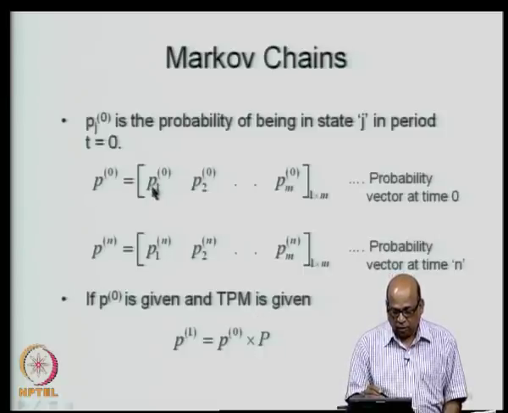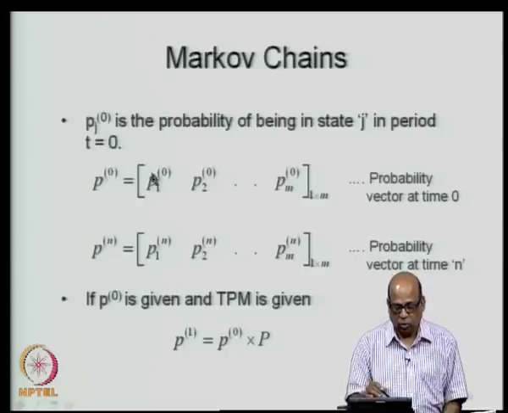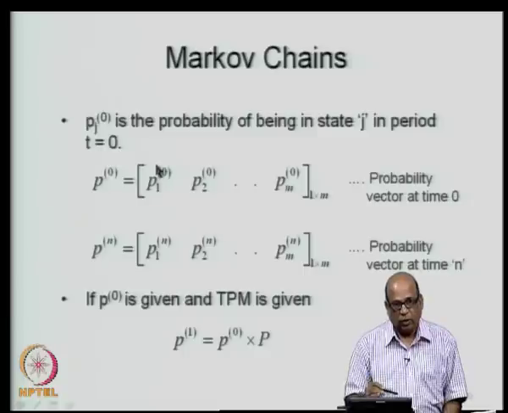I am in a particular class interval 1 with a probability of p_1. So, the probability of being in class interval 1 in time period 0 is p_1. If you are in class interval 1 in time period 0, the probability that you go into class interval 1 in time period 1 will be p_1^0 into p_11, that is the transition probability.